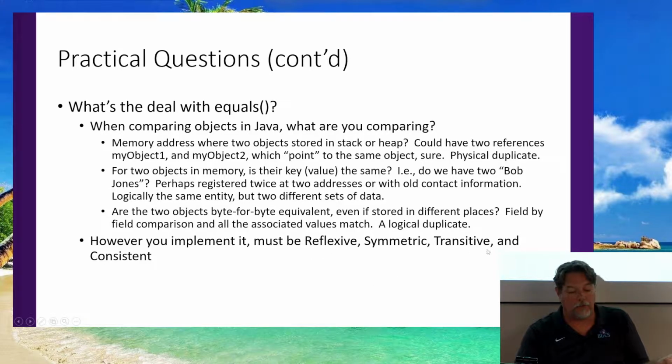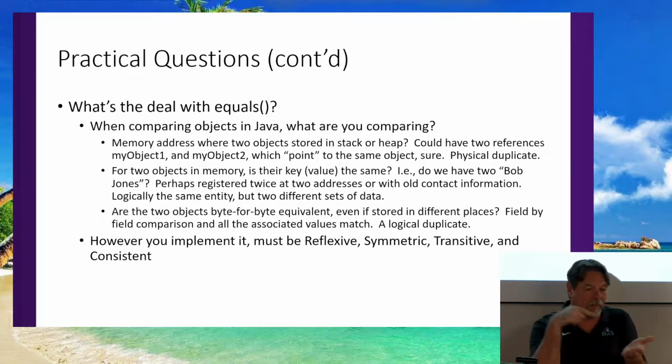And again, you have to look up what these terms mean, and they pretty much make sense if you think about it logically. Reflexive means if I call the dot equals on the same object twice, I have to get the same answer. I can't get true one time and then the next time I get false, right? For the same object, I have to get the same answer. It always has to say A equals A, right?